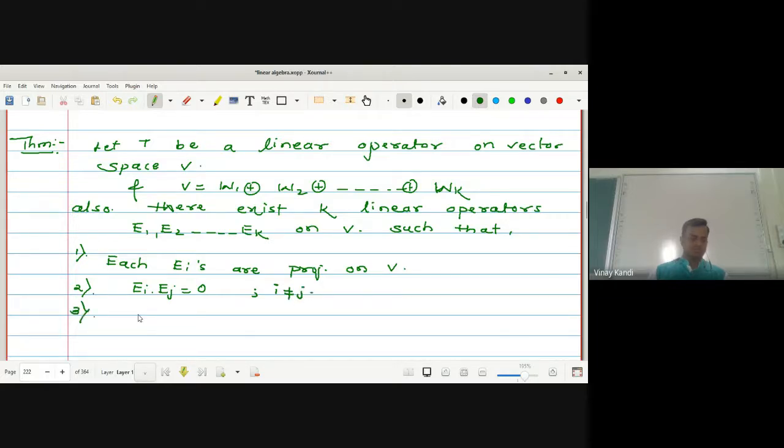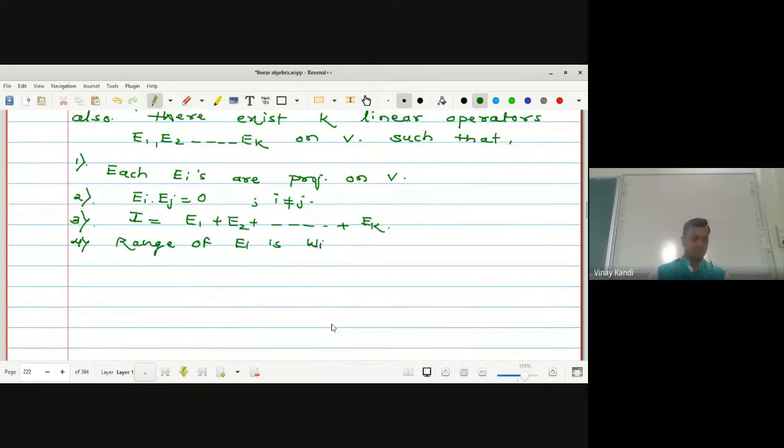Third, I is equal to E1 plus E2 plus up to so on Ek. And the fourth one, range of Ei is Wi. Okay, this is all your given statement.